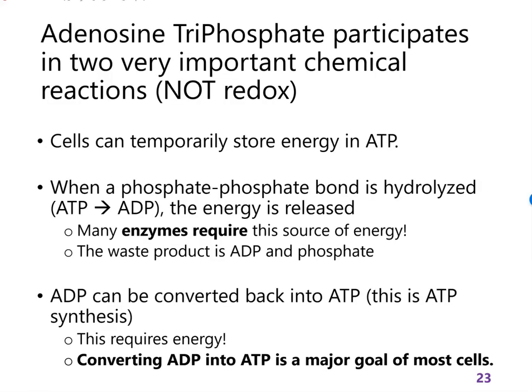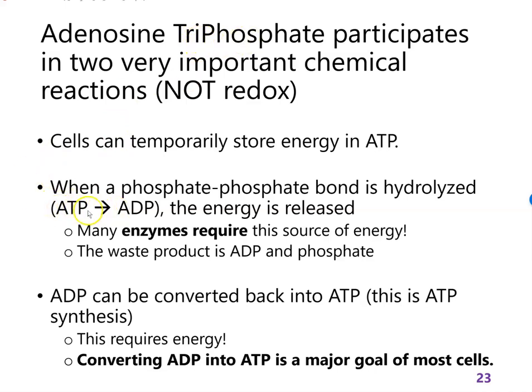So ATP is a big deal in most known types of cells. It is involved in two major reactions. One of them is the one where an enzyme will break down a phosphate-phosphate bond and release one of the phosphates. So adenosine triphosphate has 3 phosphate groups.